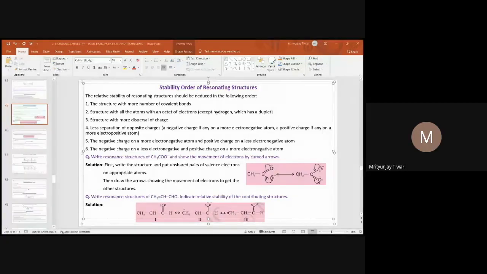In this electron withdrawing effect, we see the withdrawal of pi electrons. We have also seen the electron withdrawing effect as minus I, and the electron donating effect as plus I. In that case, we saw electron density donation to sigma bonds. Here we see the electron withdrawing and donating effect on the dispersal of the pi electron.